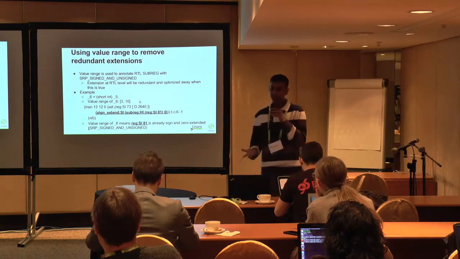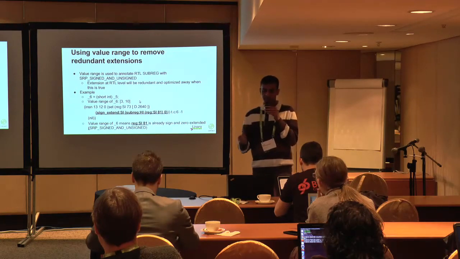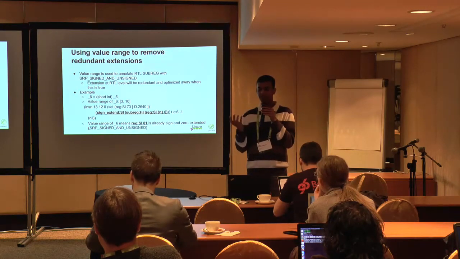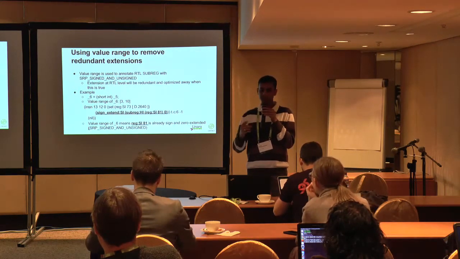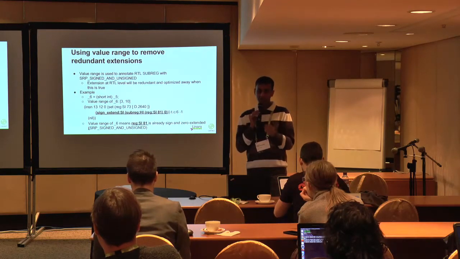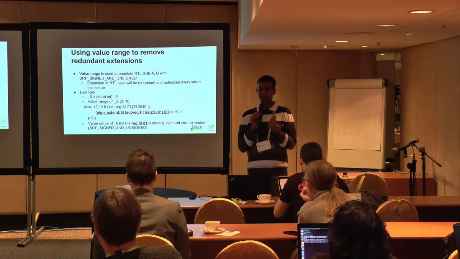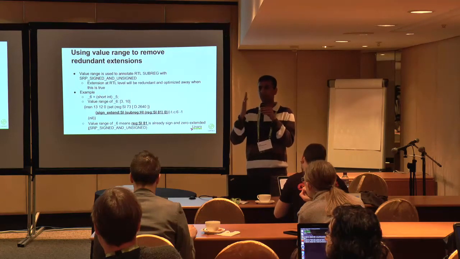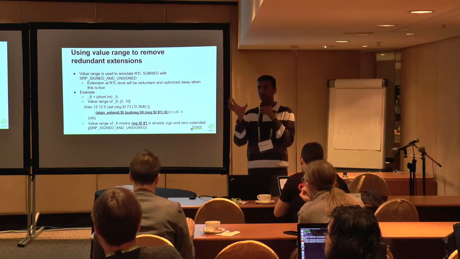If it can't, it will say that it can't. Using this information, we are adding another attribute to SRP signed and SRP unsigned. We are also adding another attribute called SRP signed and unsigned for when the value is actually extended for signed and unsigned. Basically, the sign bit for that value is 0.